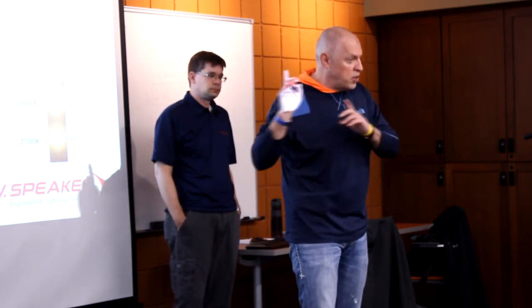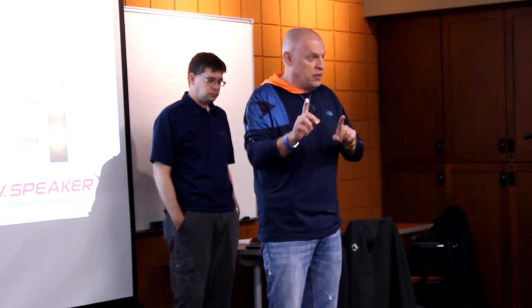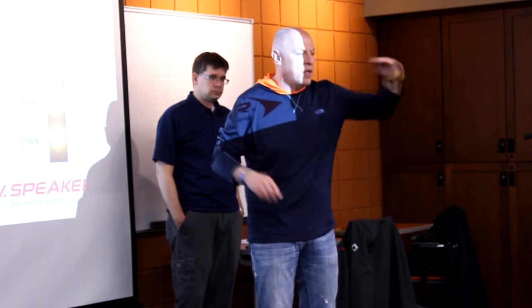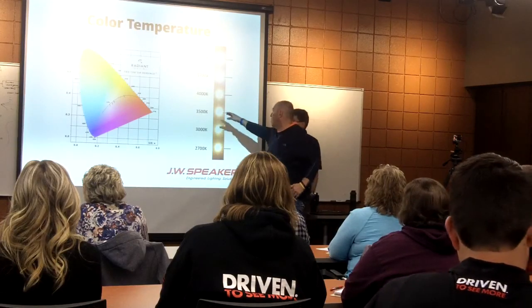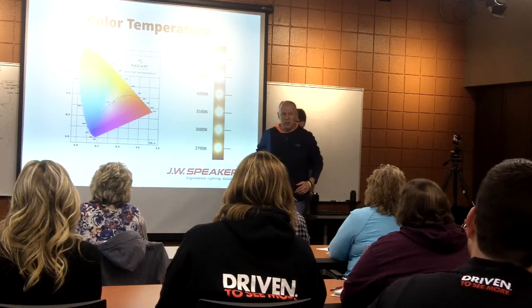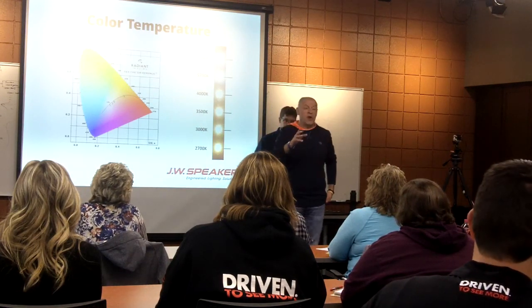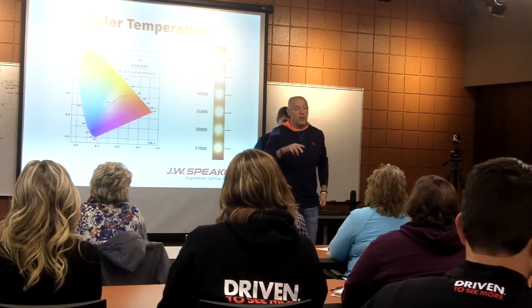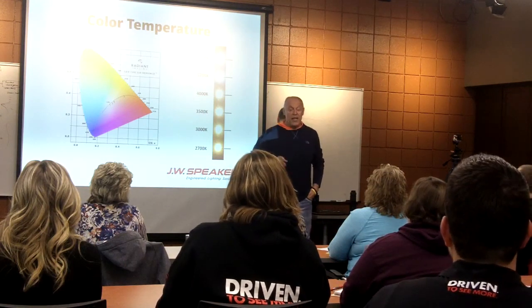Now the human eye, especially with white, can see a difference only when it's 500 Kelvin difference. So plus or minus 250 Kelvin of any nominal value. Nominal value would be, let's say, 4,000 Kelvin. That's what most of our customers are asking for, plus or minus 250 Kelvin. Guess what?